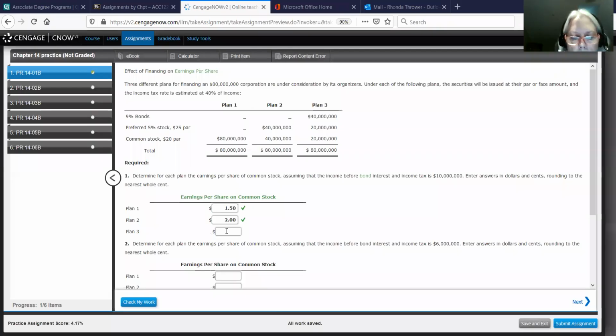So I'm going to stop sharing my screen with you. I'm going to go back to Cengage, and I'm going to put in the amount. If I recall correctly, it was $1.84. It's the amount that's on the spreadsheet. Okay, I didn't recall correctly. So it must be more than $1.84.